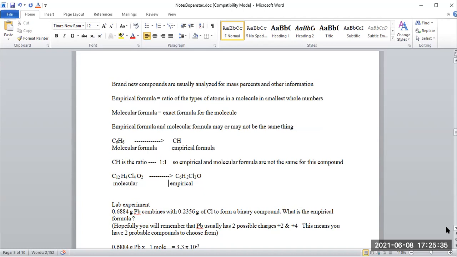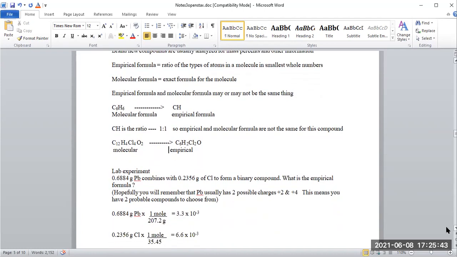So I have a sample, and I know that my lead weighs 0.6884 grams. I know that my chlorine weighs 0.2356 grams. They make a binary compound, so the two of them stick together. I want to figure out what the empirical formula is.